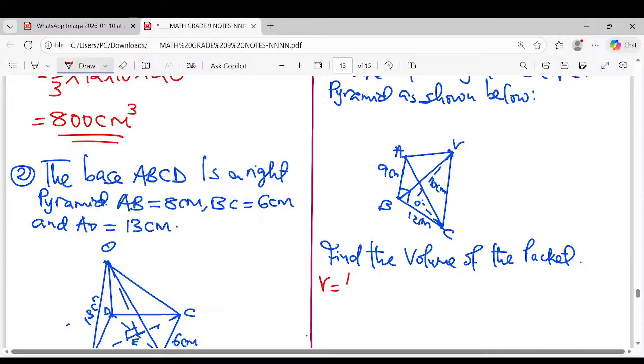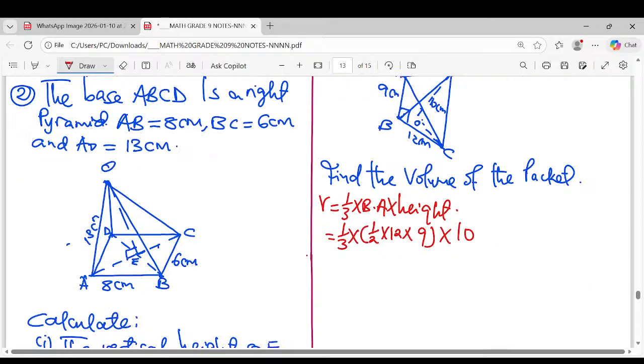So for you to get the volume under our solution, you must apply the formula that volume is given by a third multiplied by the base area multiplied by the height. So this will be a third. The base is a right angle triangle. The area of a right angle triangle is given by a half multiplied by the base 12 by the height of 9. Then times the perpendicular height, which is 10. So that is the formula for calculating the volume of a pyramid.